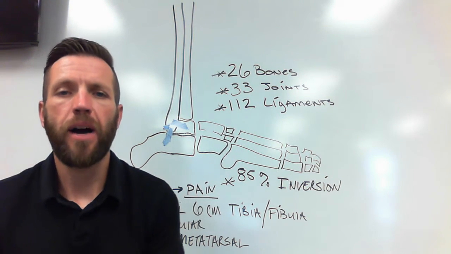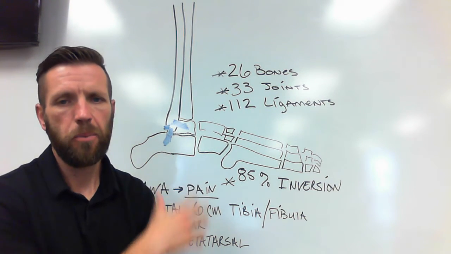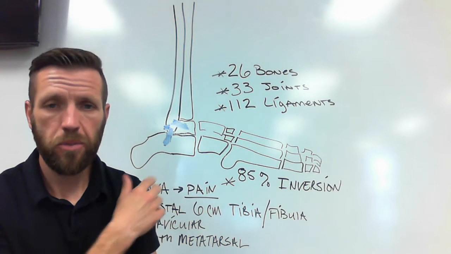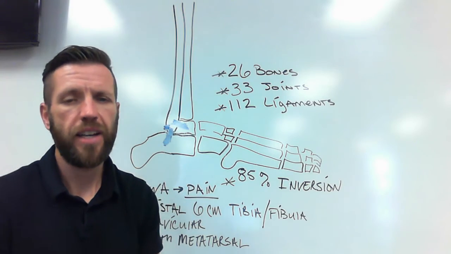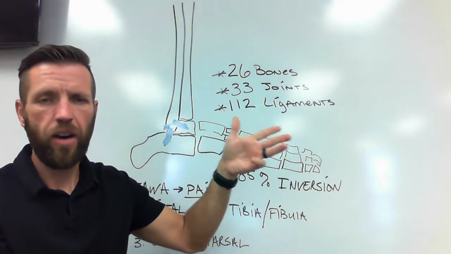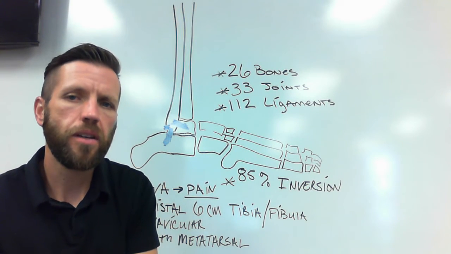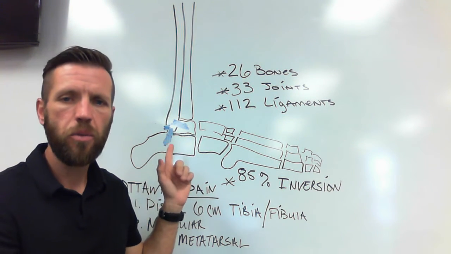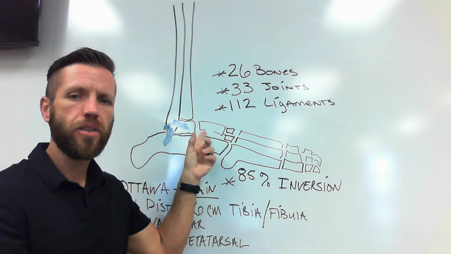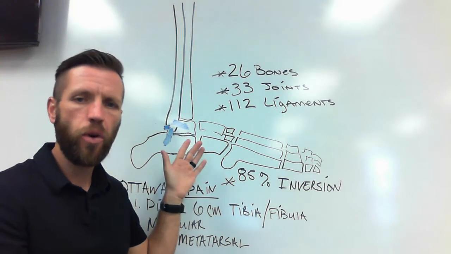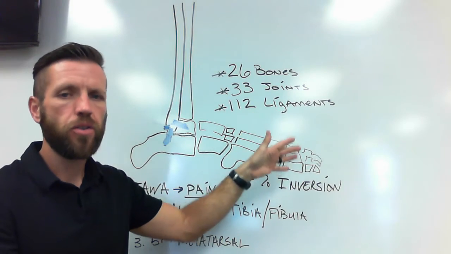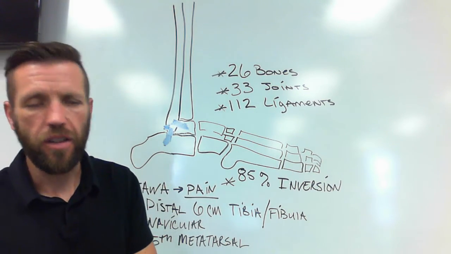What I have here behind me is a simple little diagram of the ankle, and I have some ligaments that are drawn here on this side. But what you can see over here are three statements, and they all have to do with anatomy. One is 26 bones in the foot. Basically, I'm counting the calcaneus and the talus and the navicular and the cuneiforms all the way down here to the cuboid, and 14 different metatarsals, tarsals, and phalanges.